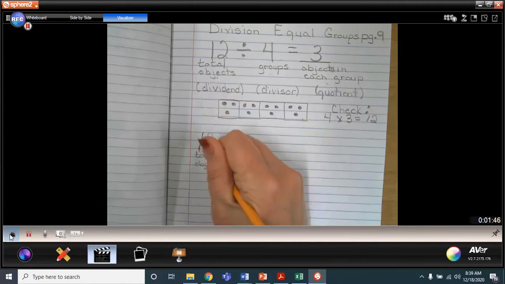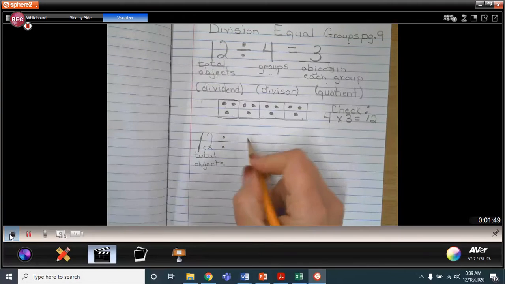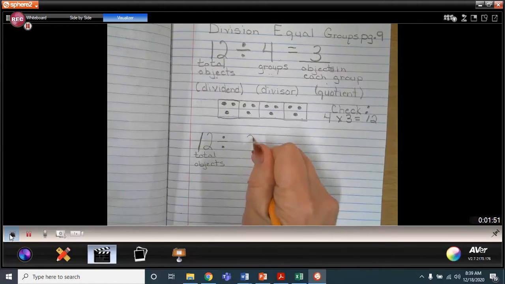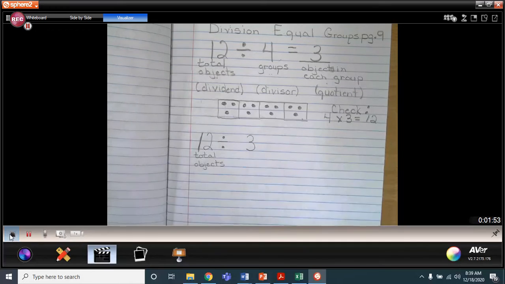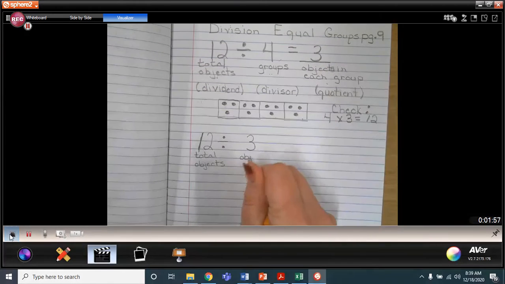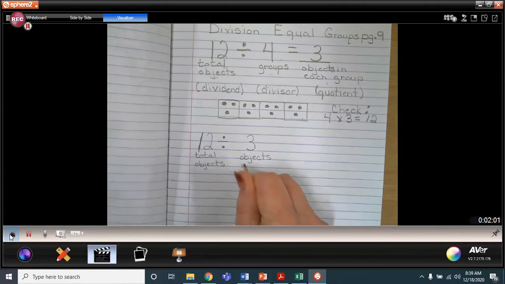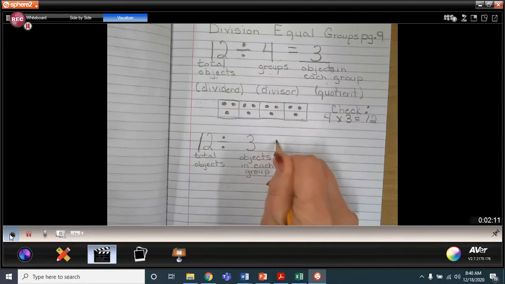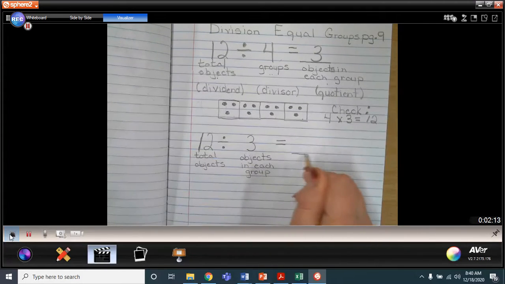So, total objects, and we are going to this time put 3 objects in each group. I just want to show you how this is related, and we're going to look for the groups.